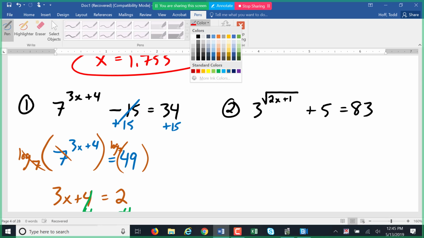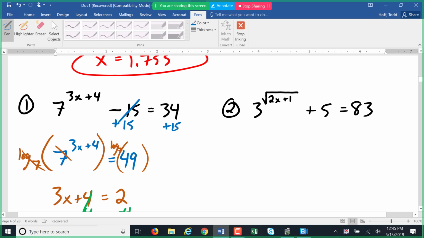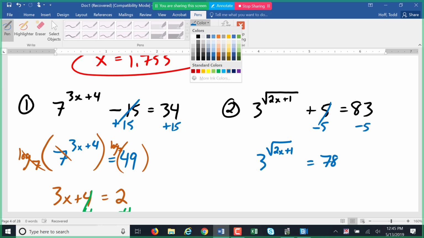The second one here, again, we have to isolate the exponential. We're going to subtract 5. So this is 3 to the power of the square root of 2x plus 1 equals 78. What's next?